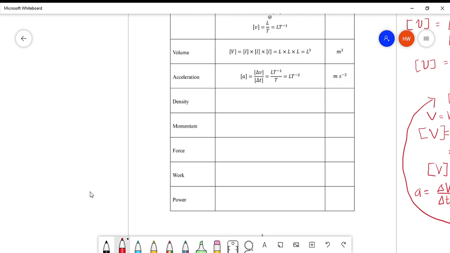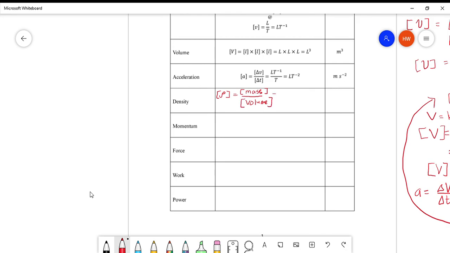For this one, density, I give you the equation. The symbol for density is rho. We want to find the dimension of density, which is equal to the dimension of mass over volume, because the equation to find density is mass over volume.